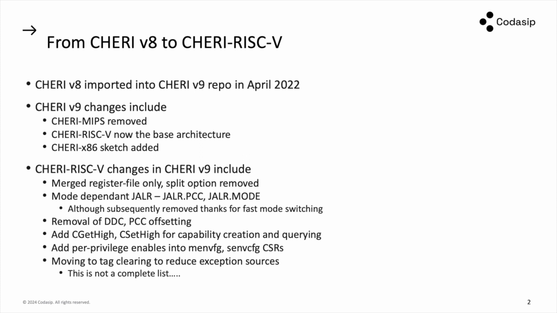What do we call it? Okay, yeah. So a few changes in Cherry V9, such as the mode-specific jump, which we subsequently removed, DDC, PCC offsetting, and capability inspection instructions like get high and then set high to set it up so it's easier to load a capability from memory and such like. Per privilege enables and various other things changed there.